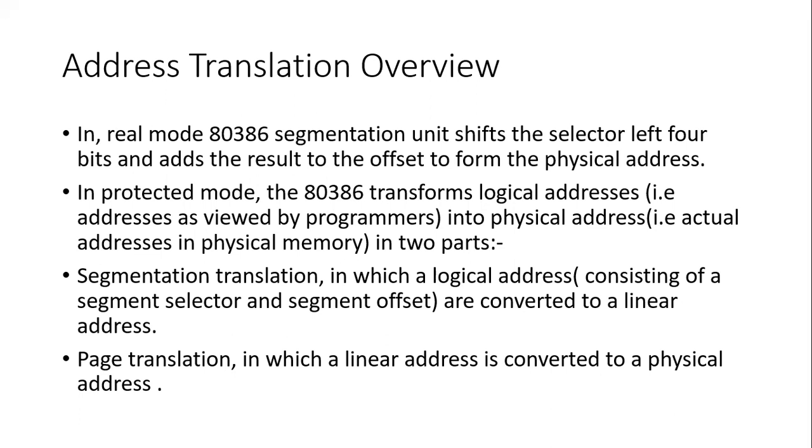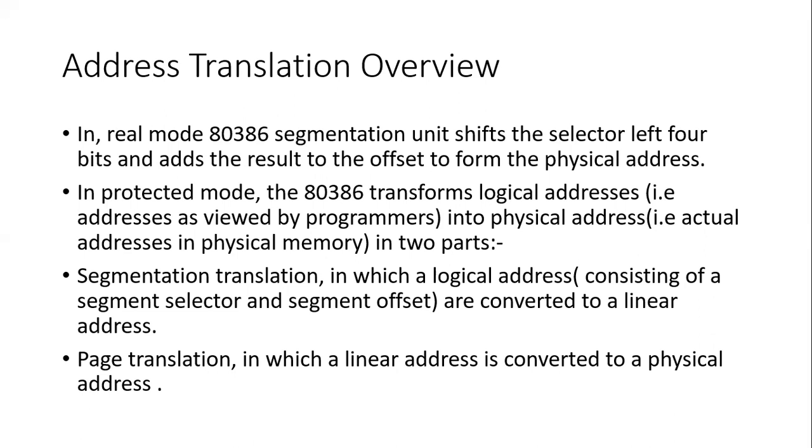Now, what does segment translation mean? It is not segmentation, it is segment translation. It is such a unit where a logical address is converted to a linear address. Logical address means the address that is viewed by the programmer.